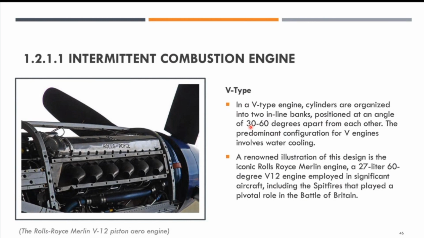So it is positioned like that, like a V shape. The cylinders are organized in such a way, and that's why it is called the V-type engine. It uses water cooling, and was normally used by small, light aircraft, like Spitfires in the Battle of Britain. And this is just history.